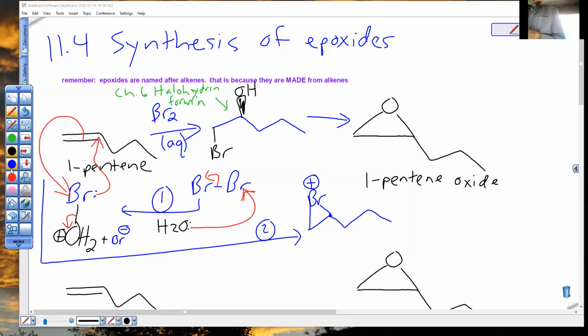I've said that a few times, I am very sure. And water is everywhere. And it comes and attacks the more substituted carbon. And you generate an oxonium ion.